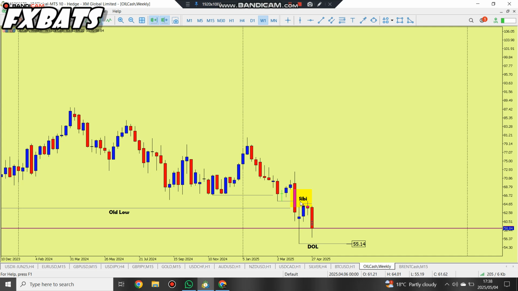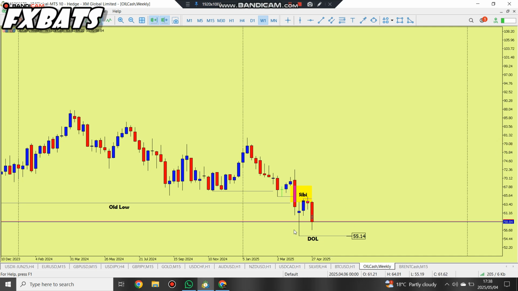So we saw rejection, price bounced off this CB, and it's drawing towards the previous weekly low, the weekly swing low. This is where we expect oil to draw towards. So on weekly, we know the direction of oil.